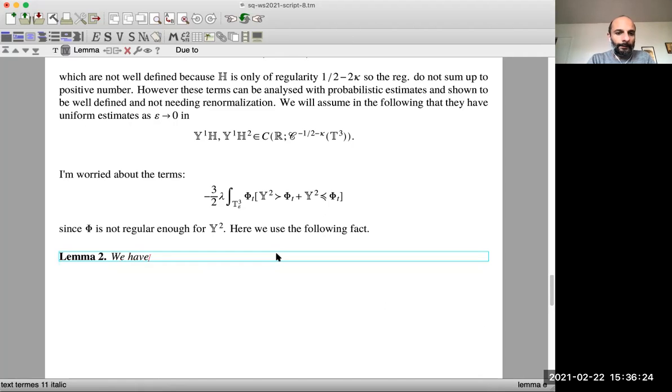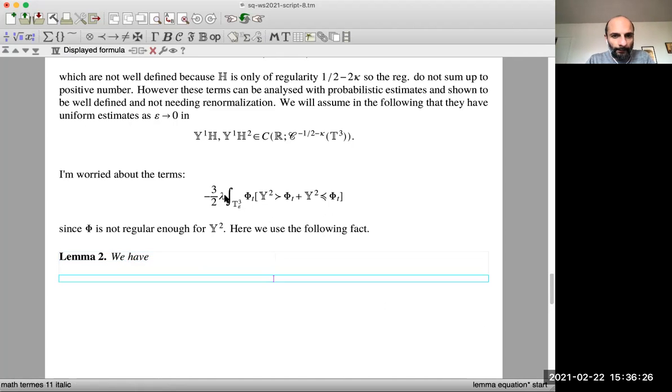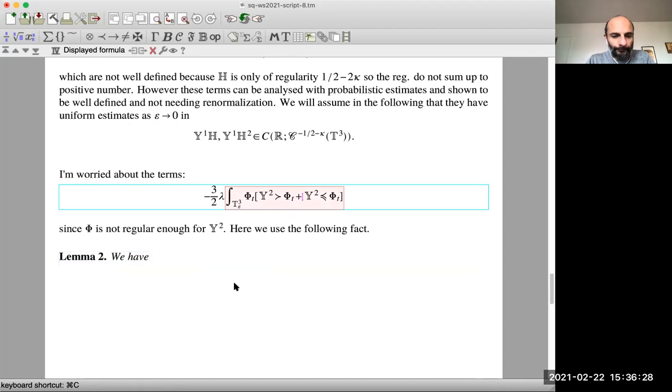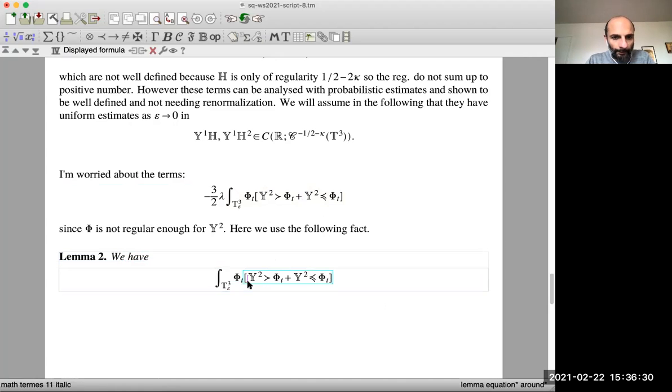Now you look at this quadratic form. Let's take one of them. You have F, G, and H, which looks like a trilinear form, and you integrate in space. You can see this is like the quadratic form associated to the operator of multiplication with the paraproduct.